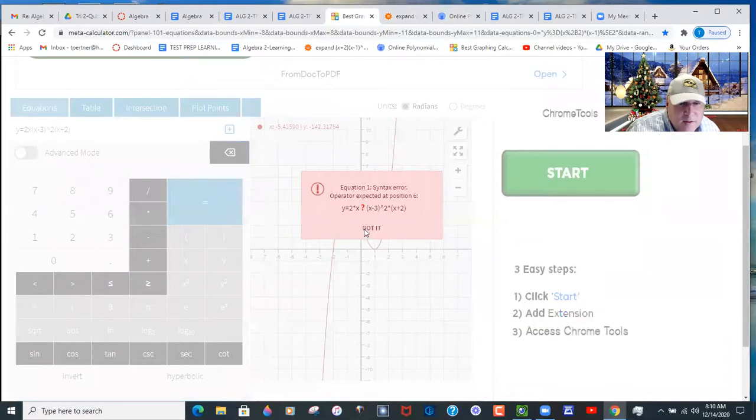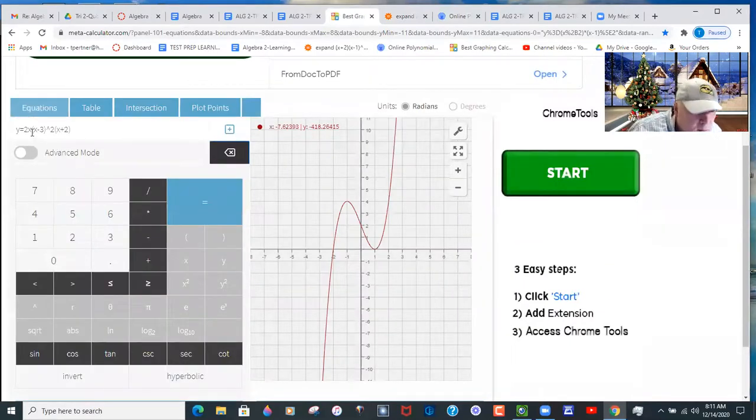Oops. Okay. What did I do there? Why is it? Shouldn't be doing that to me. I have to use another x plus 3 squared times x plus 2.